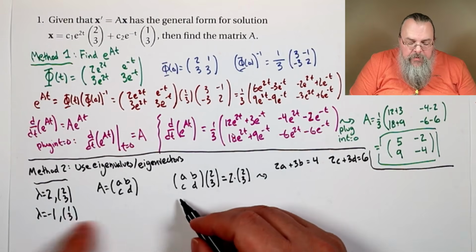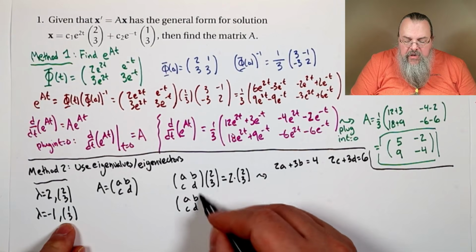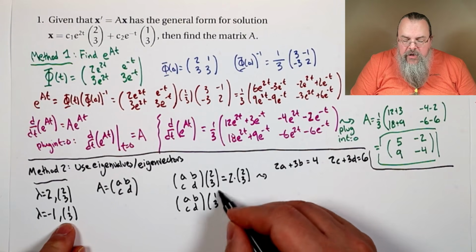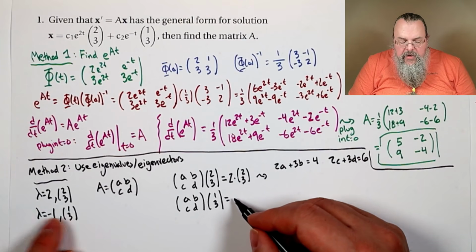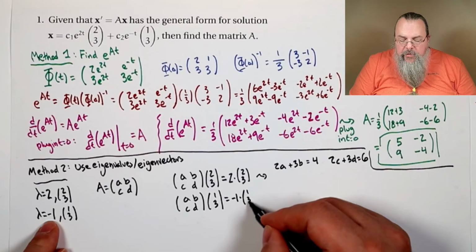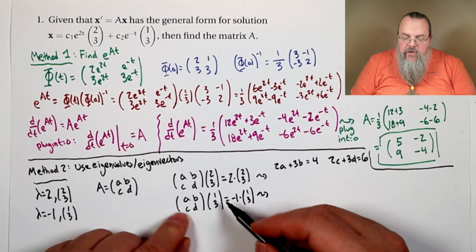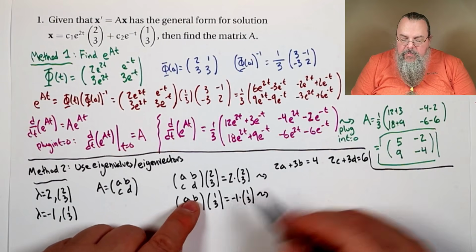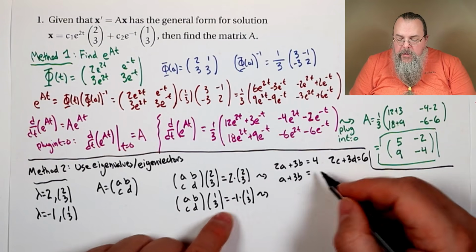Now we're going to do the same thing with the other eigenvector pair. a, b, c, d times 1, 3. We're going to end up with negative 1 times 1, 3. So again, this gives us some equations. a plus 3b has to equal minus 1.